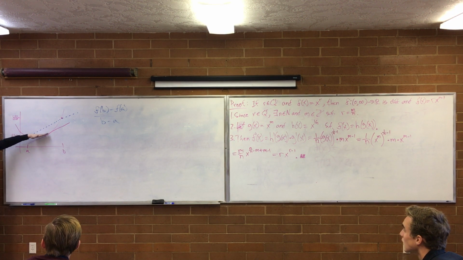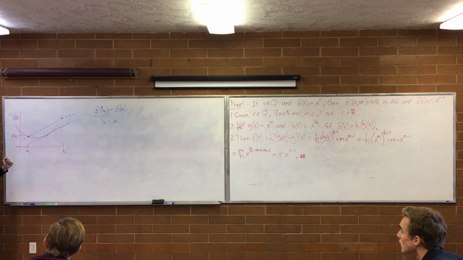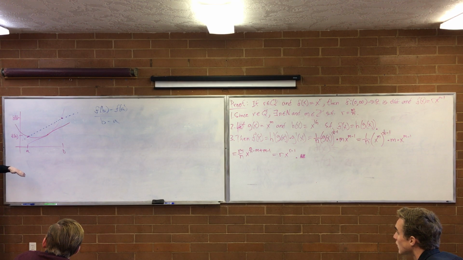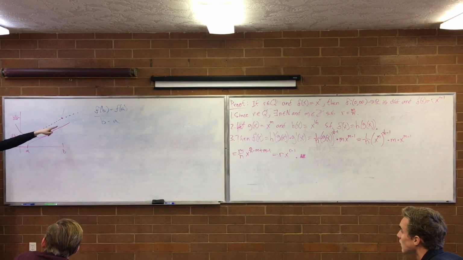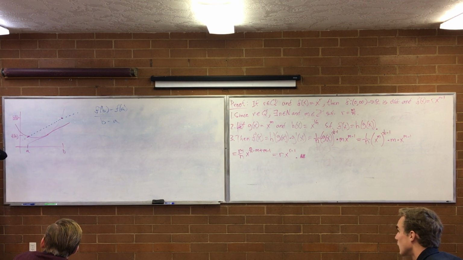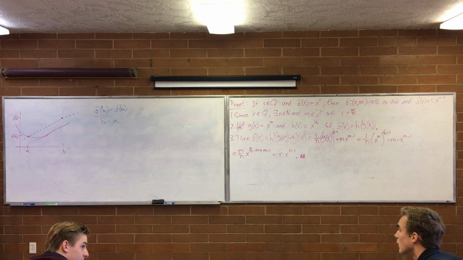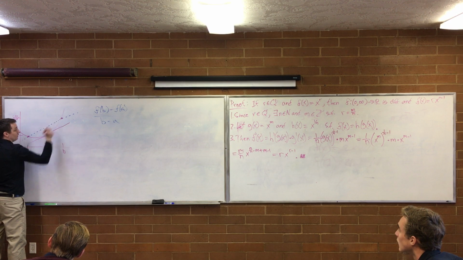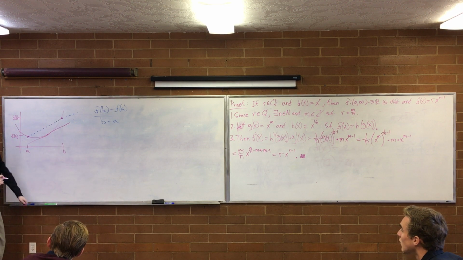Somewhere in between, our slope is going to be that mean. Some places it's going to be lower, some places it's going to be higher. Somewhere in between, it's going to be exactly that. The average slope of the function from here to here is that.